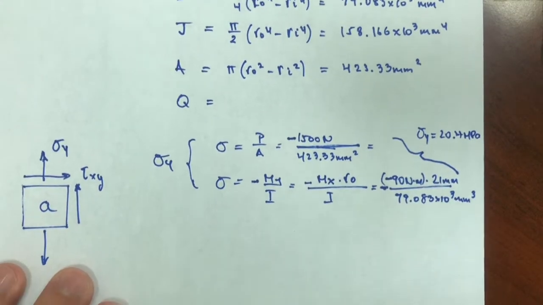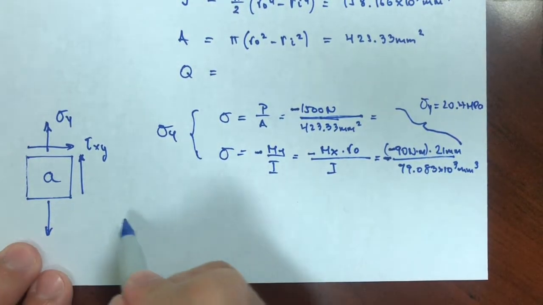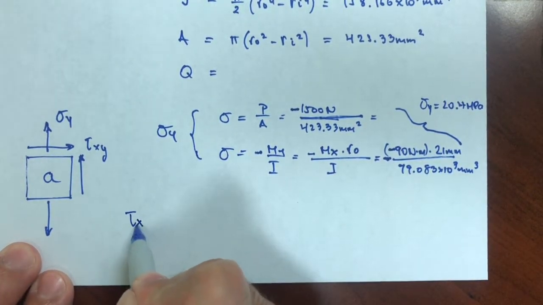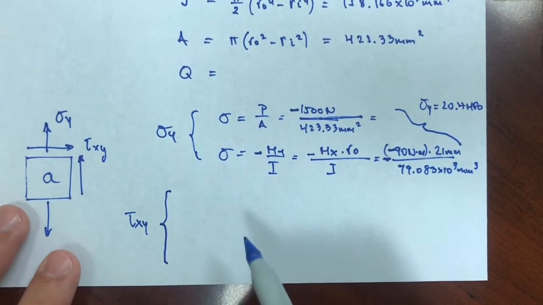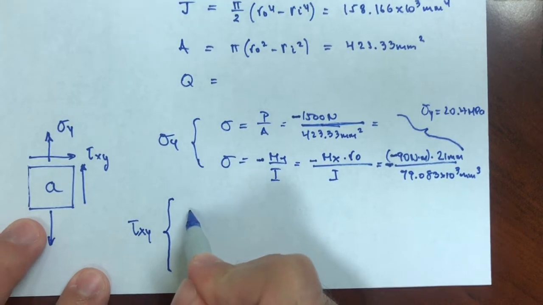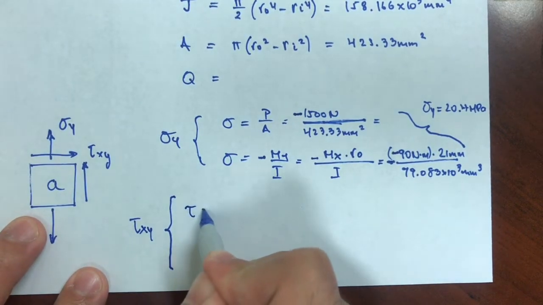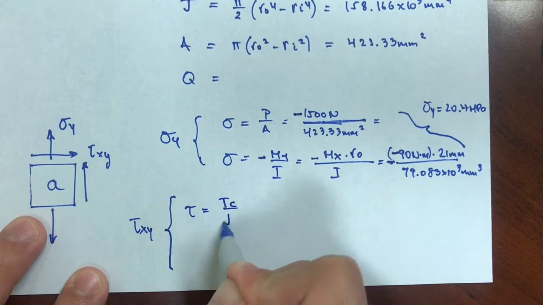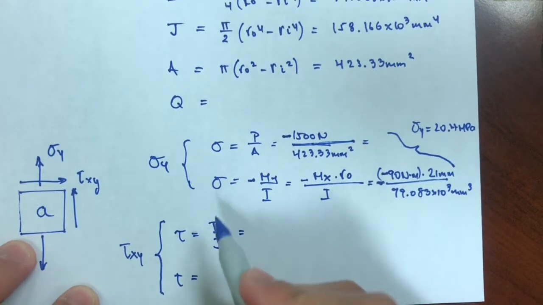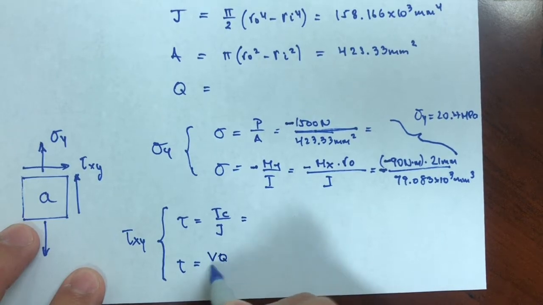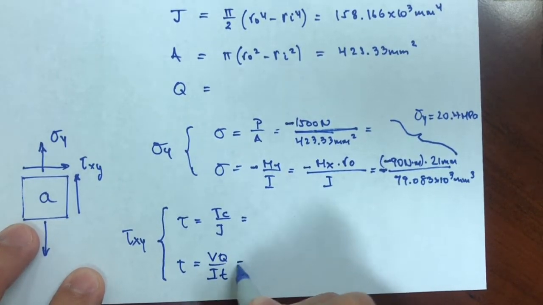Right? And now I'm going to do the same for the shearing stresses. So tau xy has two possibilities. My shearing from torsion, Tc over J, and my shearing resulting from that bending, which is Vq over It, transverse shear.